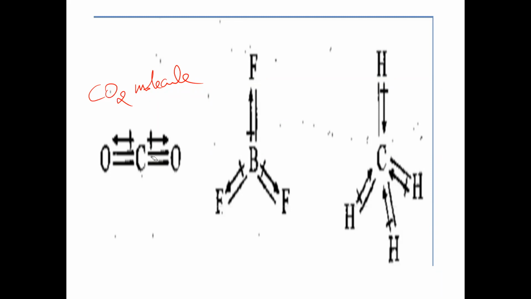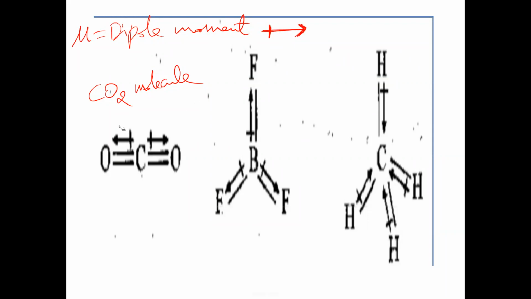O double bond C double bond O. Now, dipole moment is represented by which symbol? The crossed arrow. The crossed arrow indicates the dipole moment.